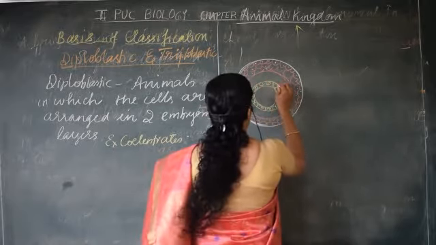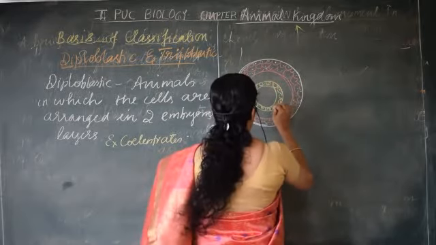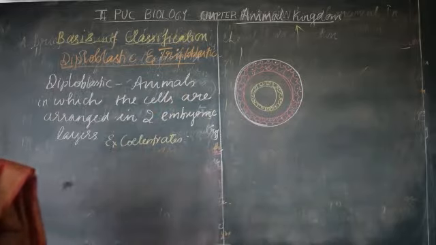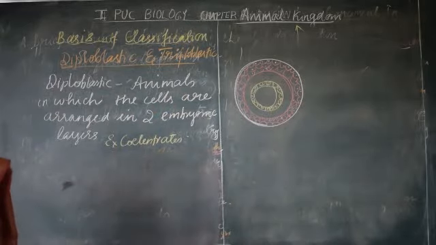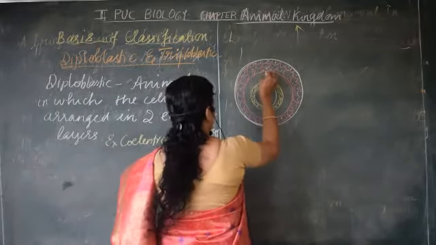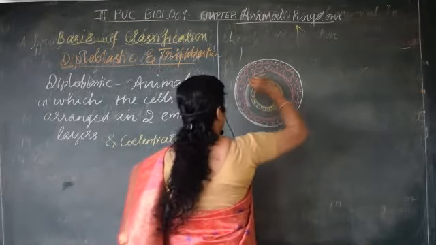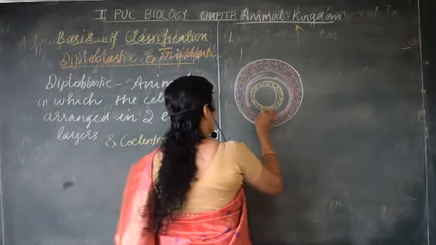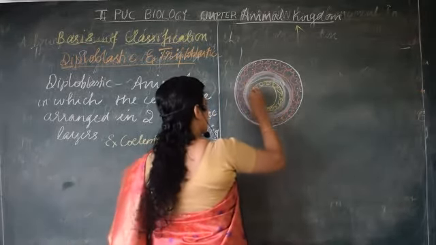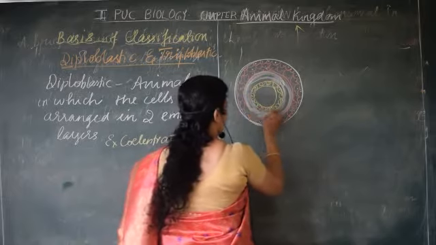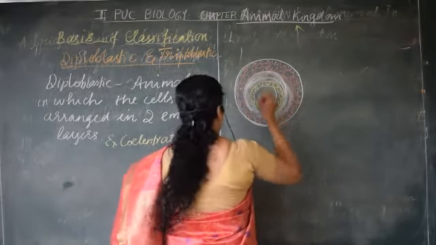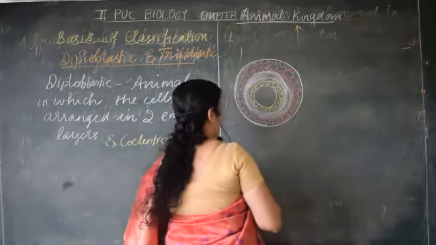The cells are missing in this region. Okay, the cells are not there. Actually in other cases there will be a mesoderm layer. Here it is not there. In this region, in the mesoglea region itself, there are no cells. So instead of mesoderm, it is named as mesoglea. So how can we label it?